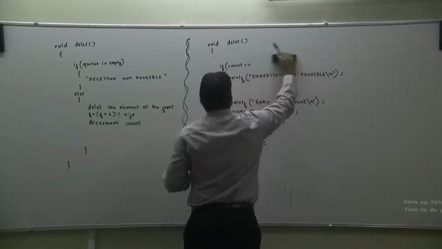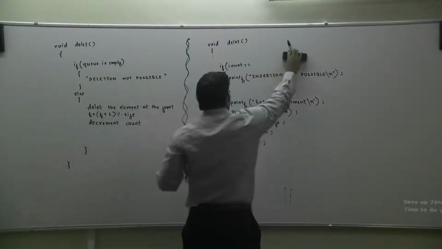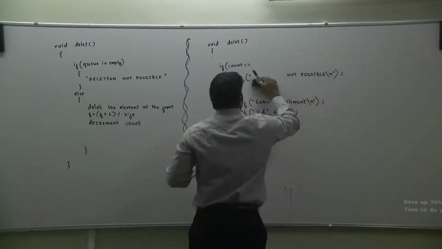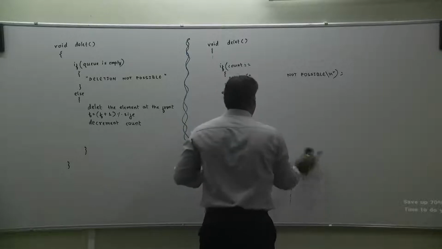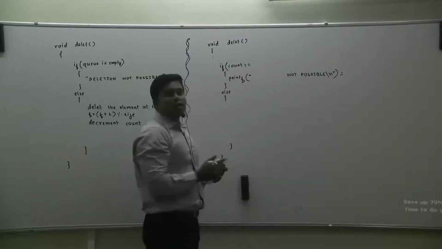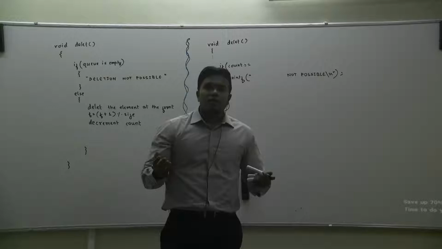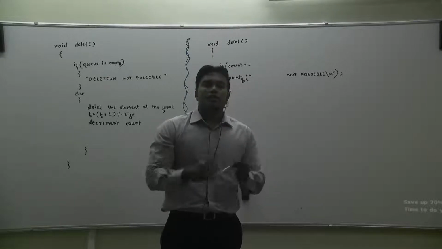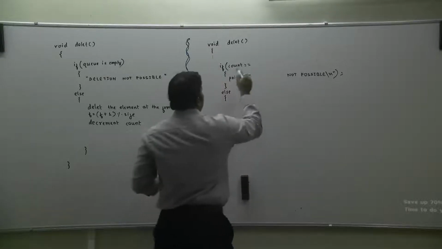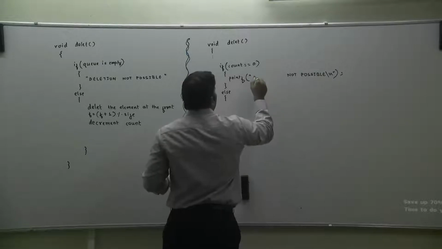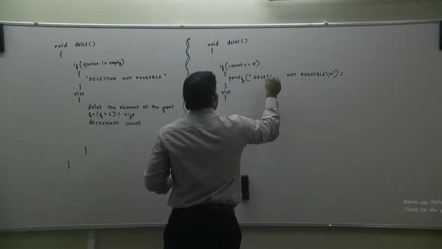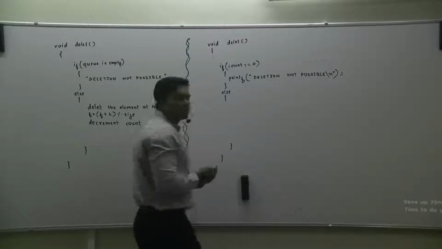Tell me, how do you come to know that the circular queue is empty? A circular queue is considered to be empty when count is 0. If count is 0, then I will tell deletion not possible.